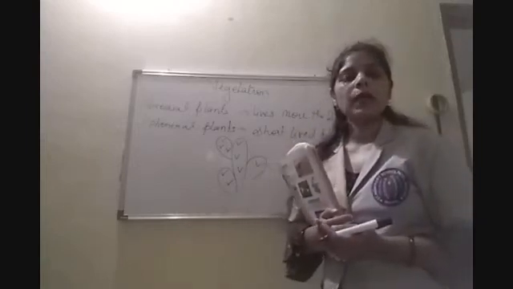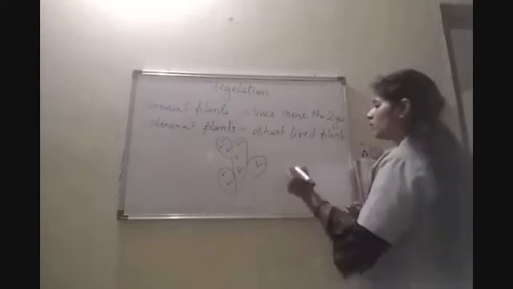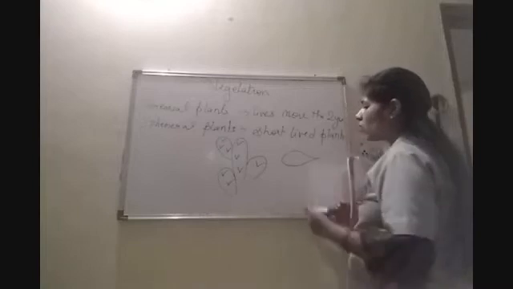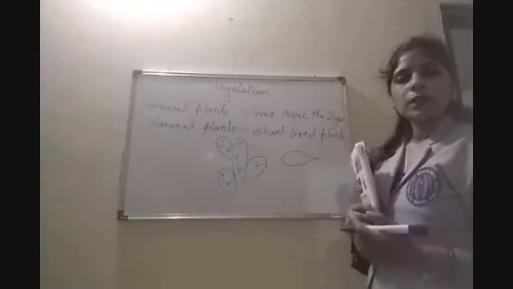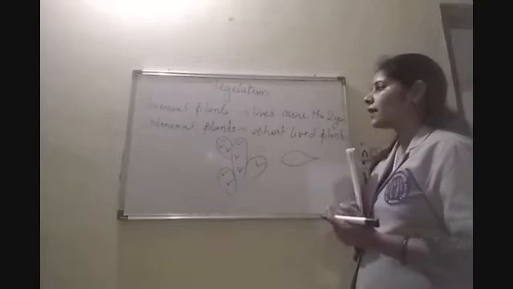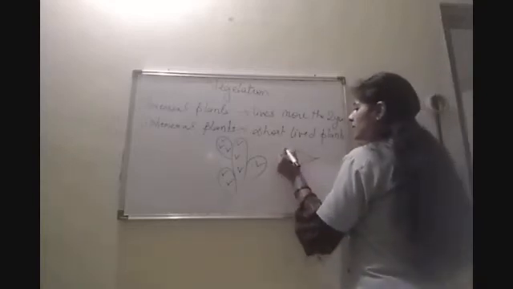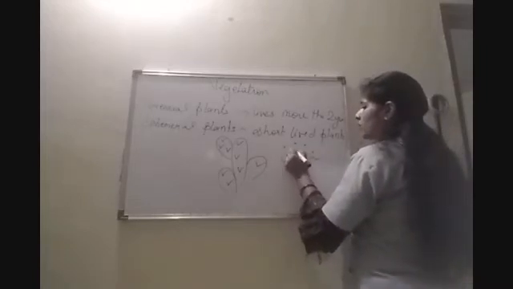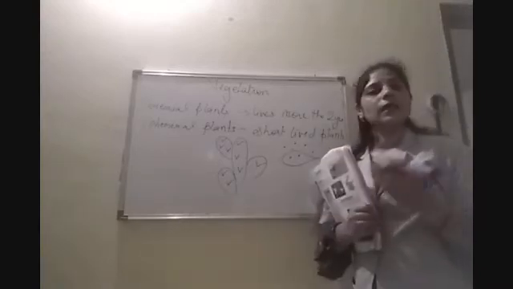I think you might be clear about the process of transpiration. So what is transpiration? When we are talking about transpiration, this is a leaf. We all know that in the presence of the sun there is evaporation, meaning the water present in the water bodies is getting vaporized in the presence of the sun. But when the water present in the leaves is getting vaporized, this process is called transpiration.